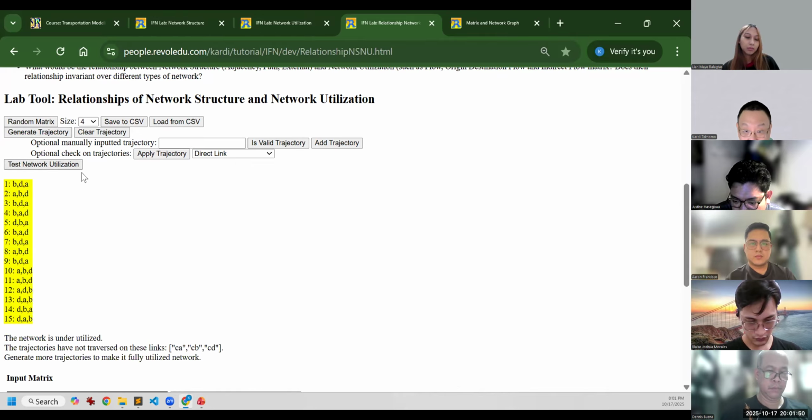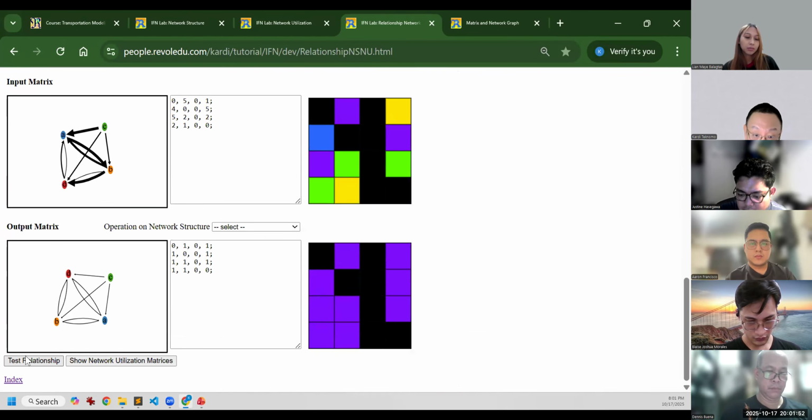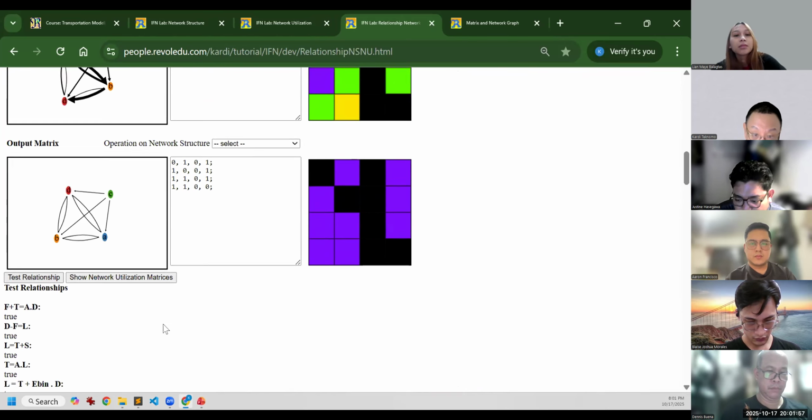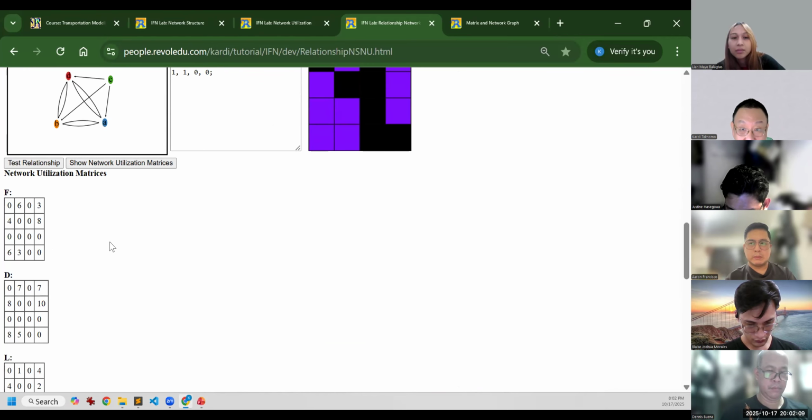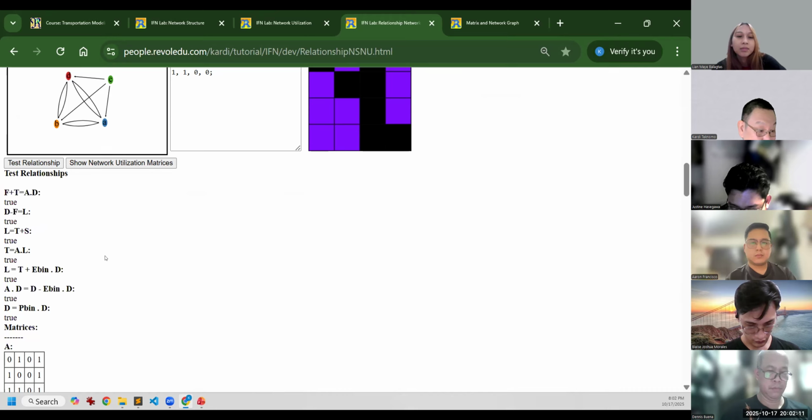Then you can test the relationship here. This makes the difference. So which one is true, which one is not true? This is exactly your assignment. You can also show the matrices to check whether they are correct or not.